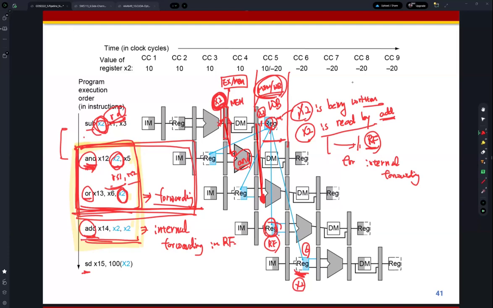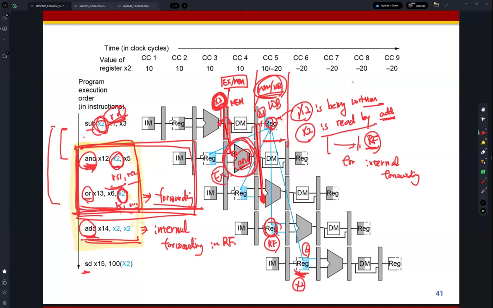How about the sub and OR instruction? We also need to check the RS1 and RS2, and the RD. If the RD is equivalent to the RS1 or RS2 of the OR instruction, then we can perform data forwarding. When the forwarding is performed, the target instruction is in the EX stage, right?